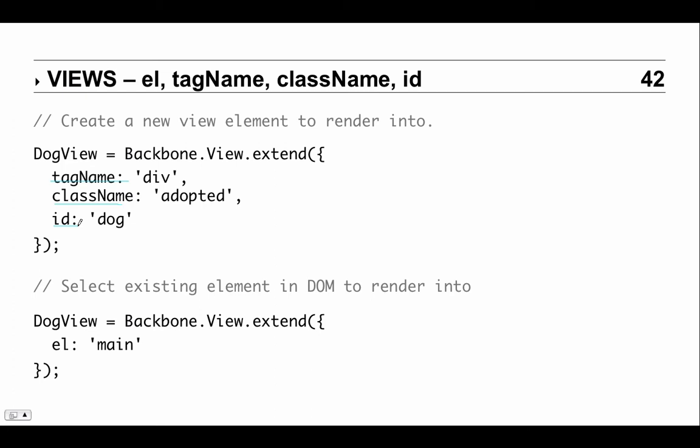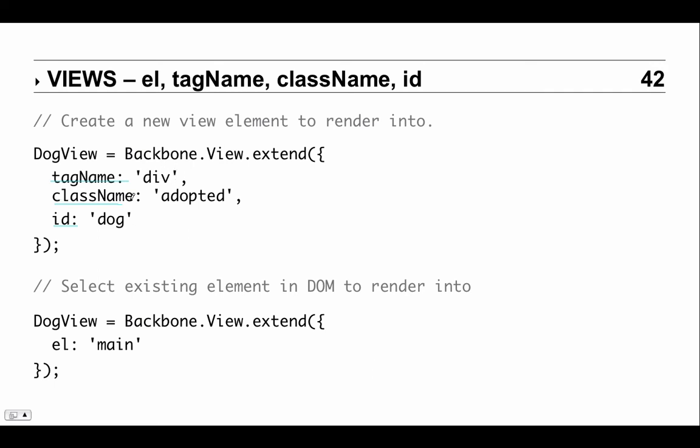So if we use tagName, it allows us to specify just an HTML element that should be associated with this view. And the default is div. If you just leave all of these empty or you don't specify a tagName, className, or id, it will just give you an empty div. And you're also free to set this to any valid HTML element, and you just pass it in as a string.